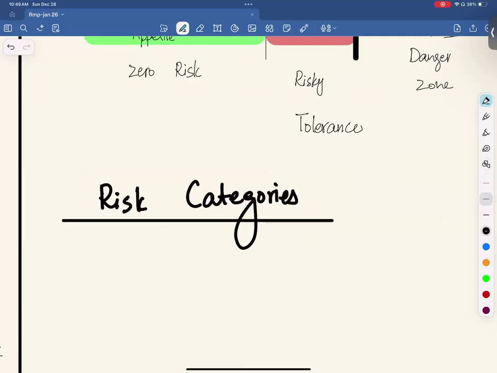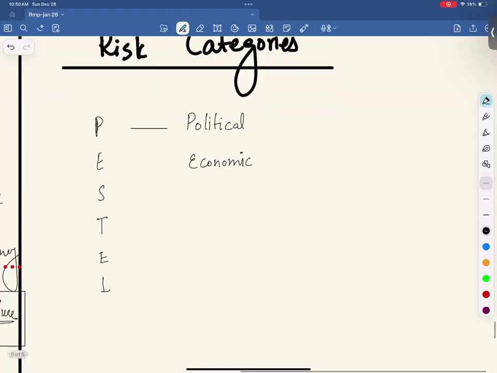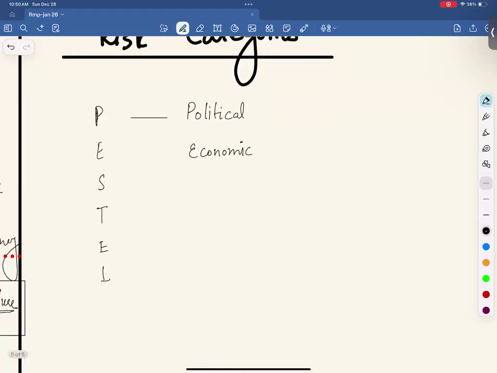Risk categories. You can categorize risk in different categories. For example, we use PESTLE for this. What is PESTLE? Anyone, please? I remember a few of these: political, economic, social, technological. I will be writing to PMI today.